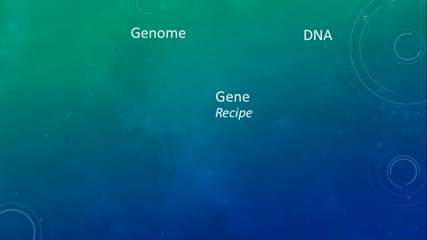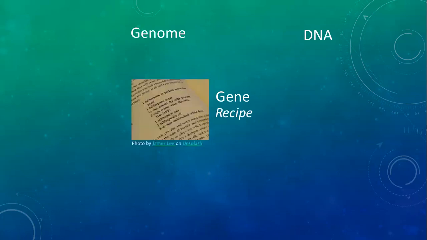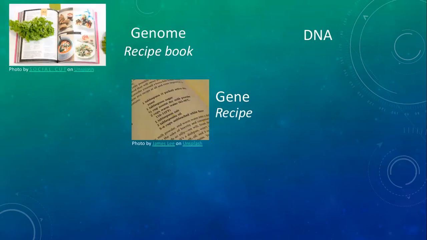The gene is basically a recipe for some dish. The genome is the recipe book that contains all the recipes that are necessary to make a buffet of dishes. The DNA is basically just the paper and the letters of this book. So the physical manifestation of this recipe book.